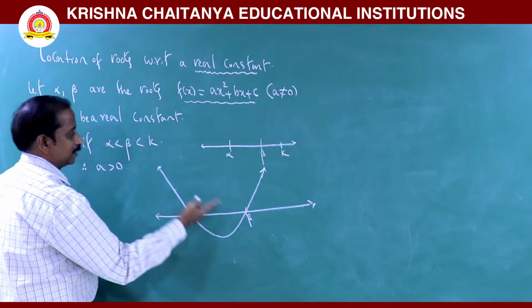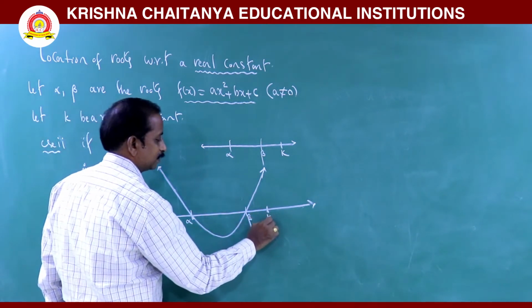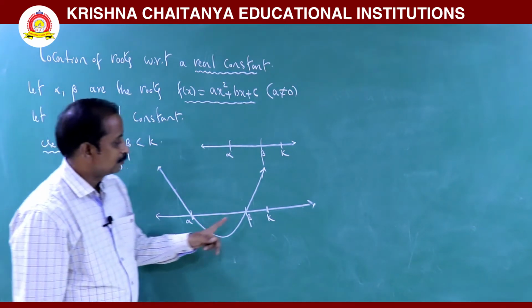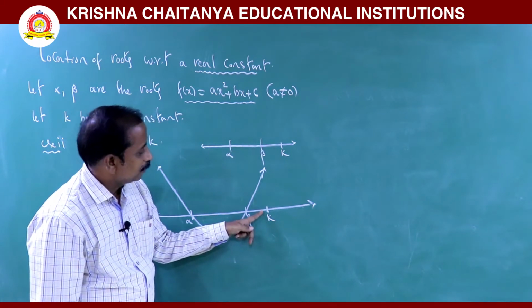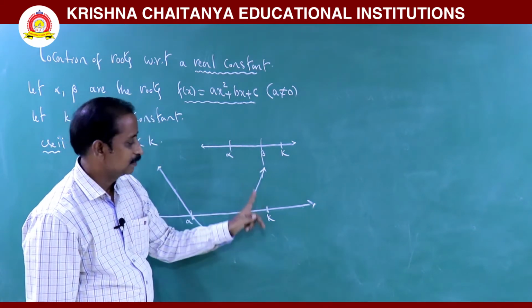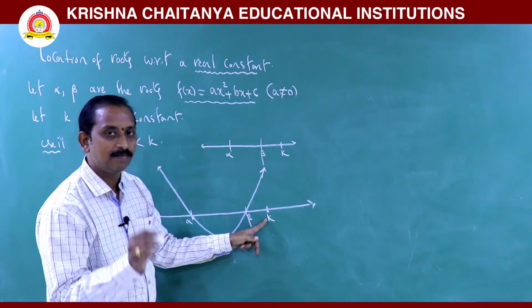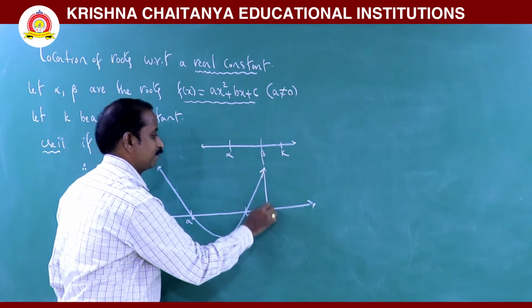Each root is lesser than the real constant. So therefore, I can consider the real constant as k. Now observe, at this k, the graph is above the x-axis, means at x is equal to k, its function value is above the x-axis, so this is nothing but f of k.